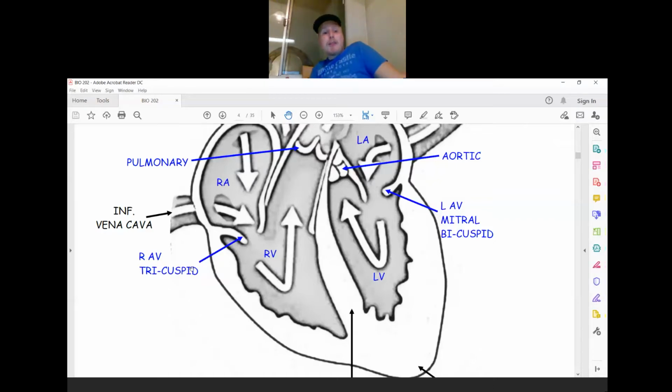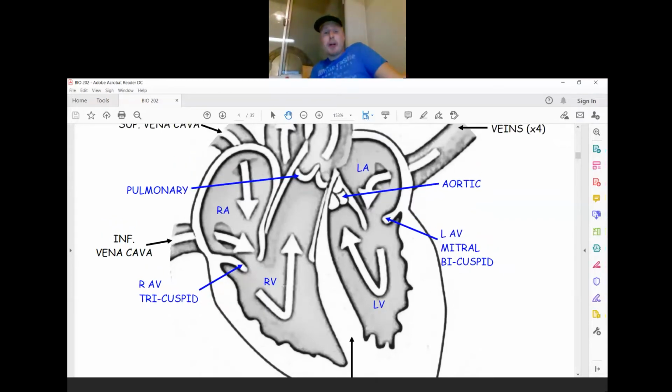For that passage, we had to go through the right AV valve. It was also known as the tricuspid valve. So this valve here. And remember, this valve allows only one directional blood flow.